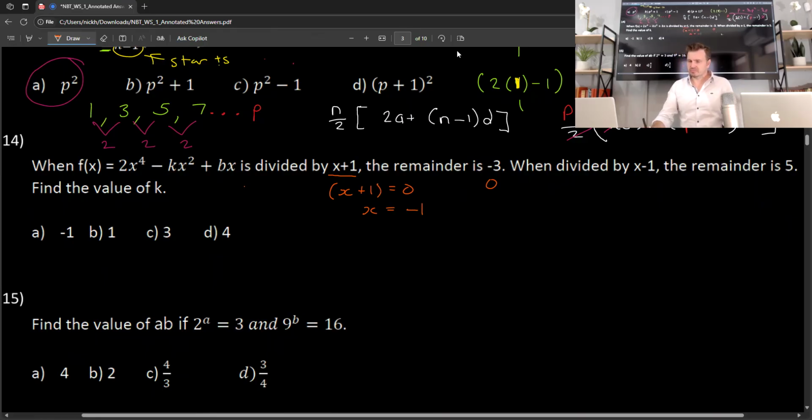Okay, so let me explain this maybe a different way. So let's say you have x plus 1 and x plus 2. Okay, x plus 2 equals 0. Well, let me start off with what that would have been. It would have been x plus 1 times x plus 2 equals 0.